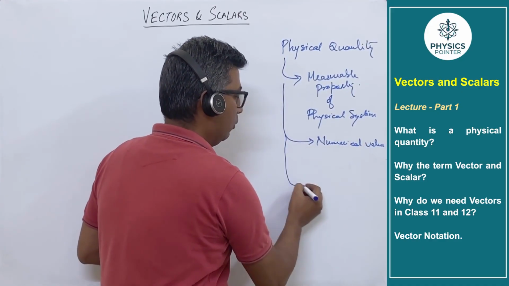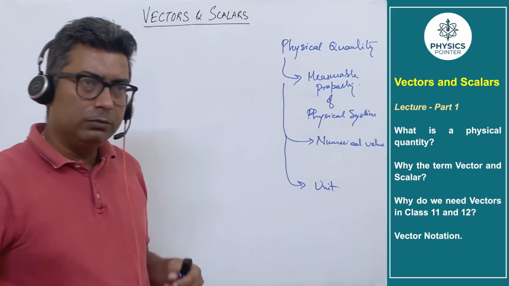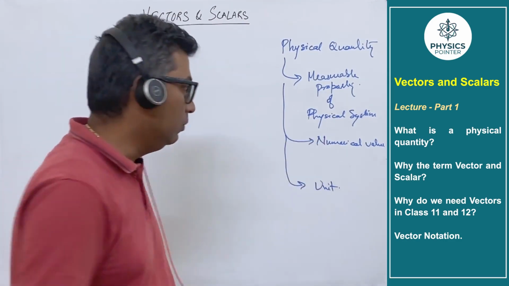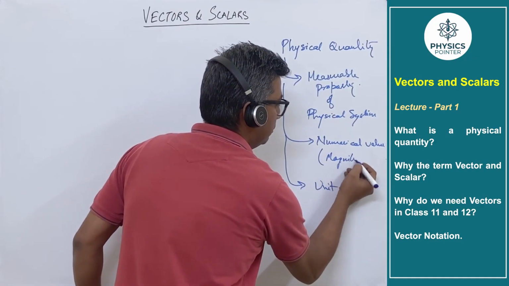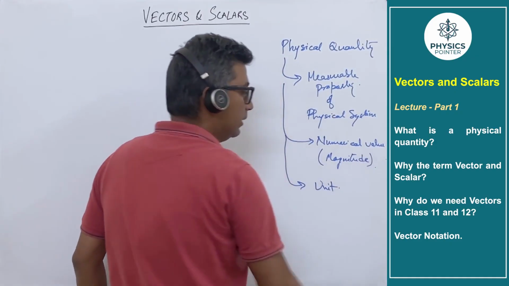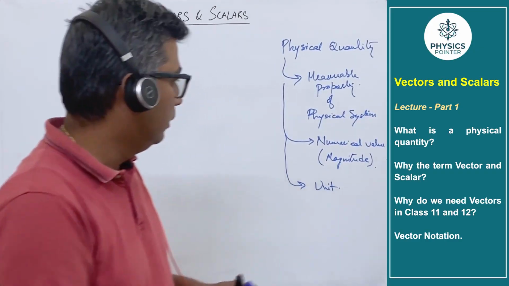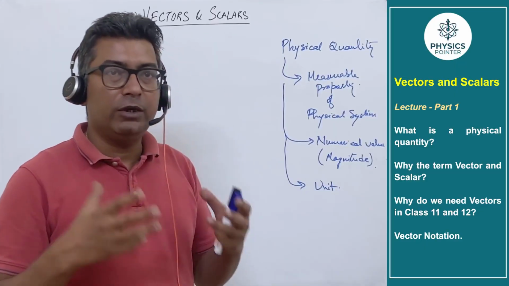Also, it has a unit. Now, we will use one term rather than using numerical value. So I'm going to write it here, which is magnitude. So a physical quantity is a measurable property of a physical system.